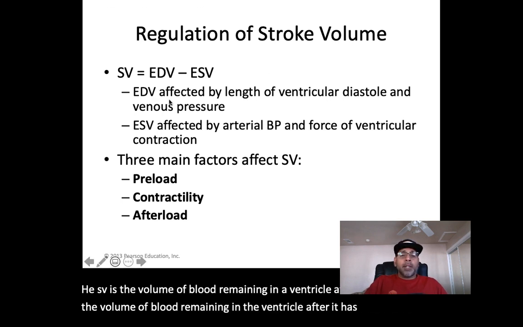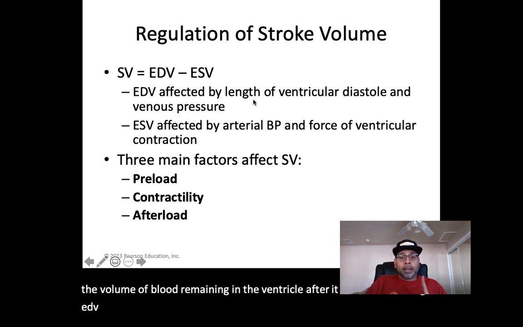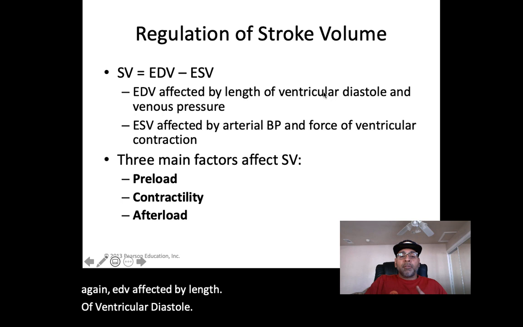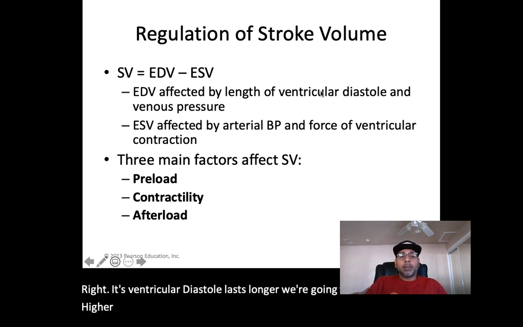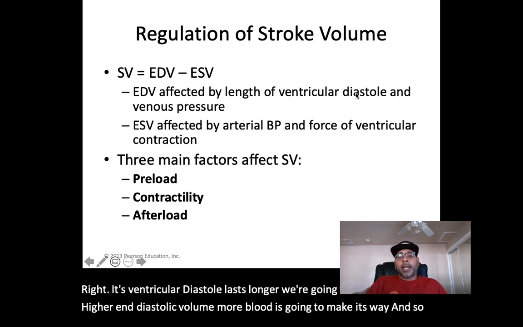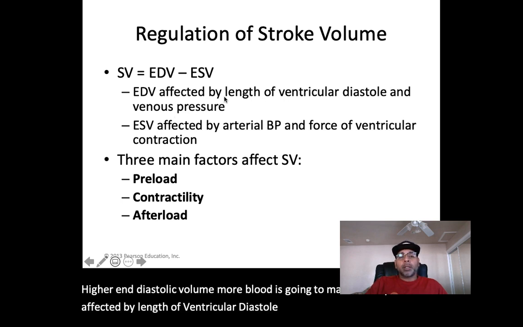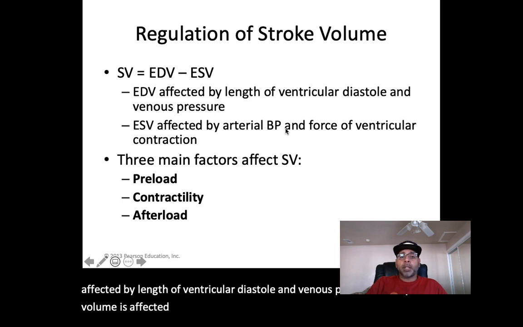So again, EDV is affected by length of ventricular diastole, right? If ventricular diastole lasts longer, we're going to have higher end diastolic volume. More blood is going to make its way in. So it's affected by length of ventricular diastole and venous pressure. And end systolic volume is affected by arterial blood pressure and the force of ventricular contraction.